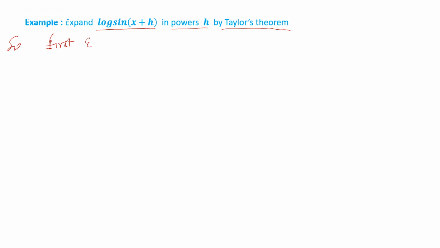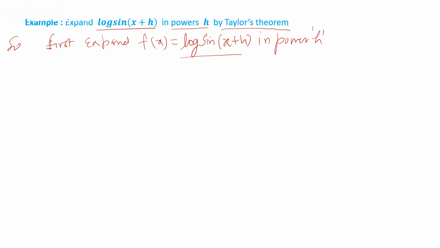We have to expand the function, let's say f(x) is equal to log sin(x plus h) in powers of h. It means when we obtain the series we get powers of h.